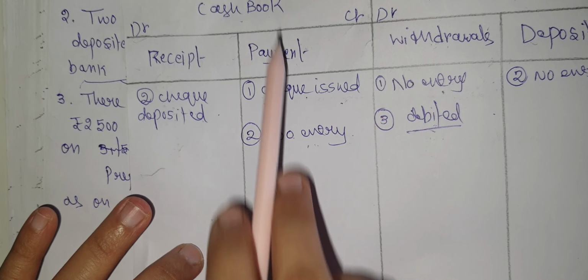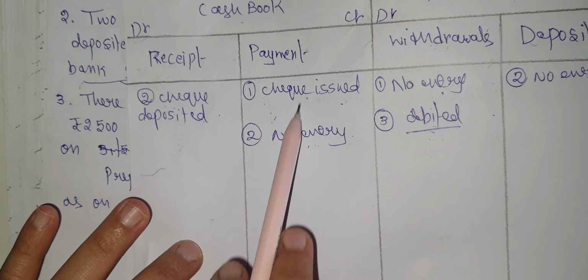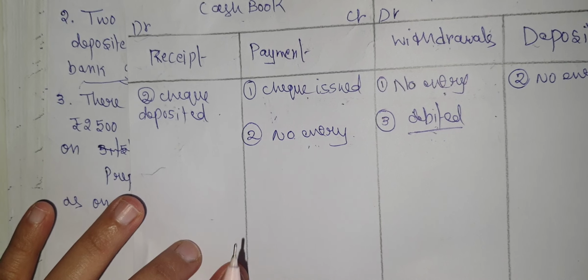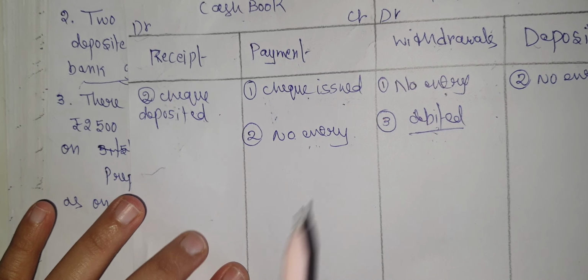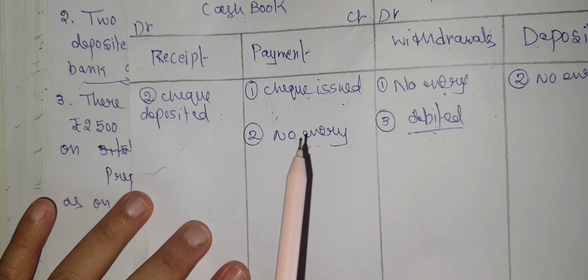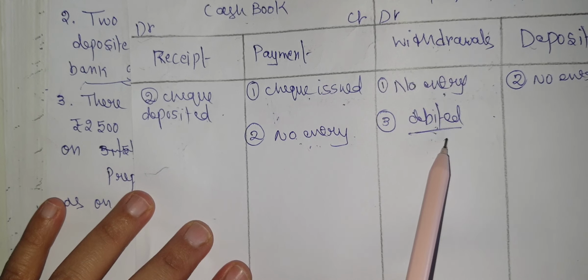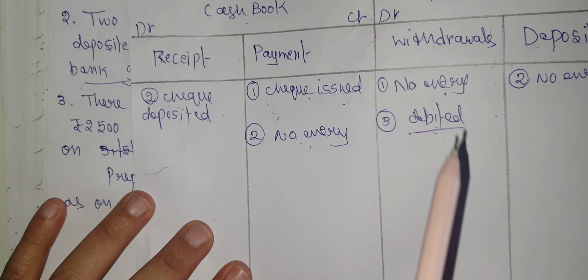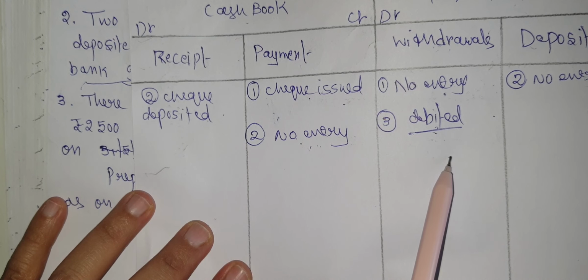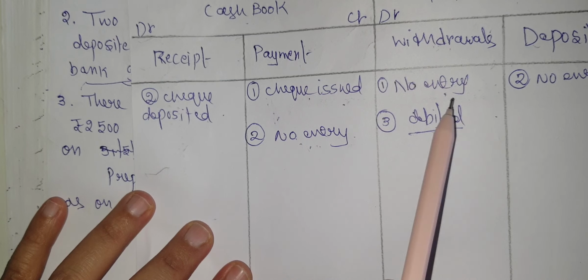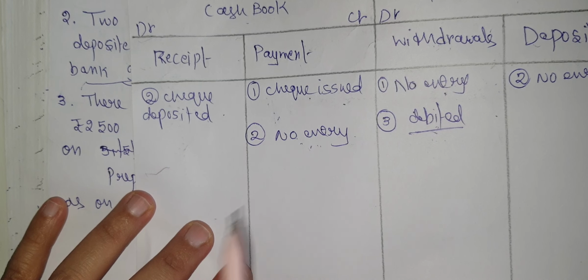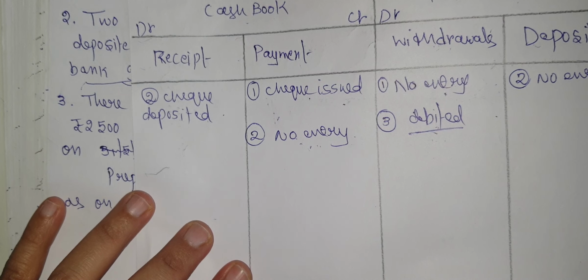Third step is effect on cash book. What is the effect on cash book? Here cash book balance is more, passbook balance is less because they debited the amount. Okay, so compared to the passbook, cash book balance is more. Means you have to add. More means add. Less means you have to deduct.